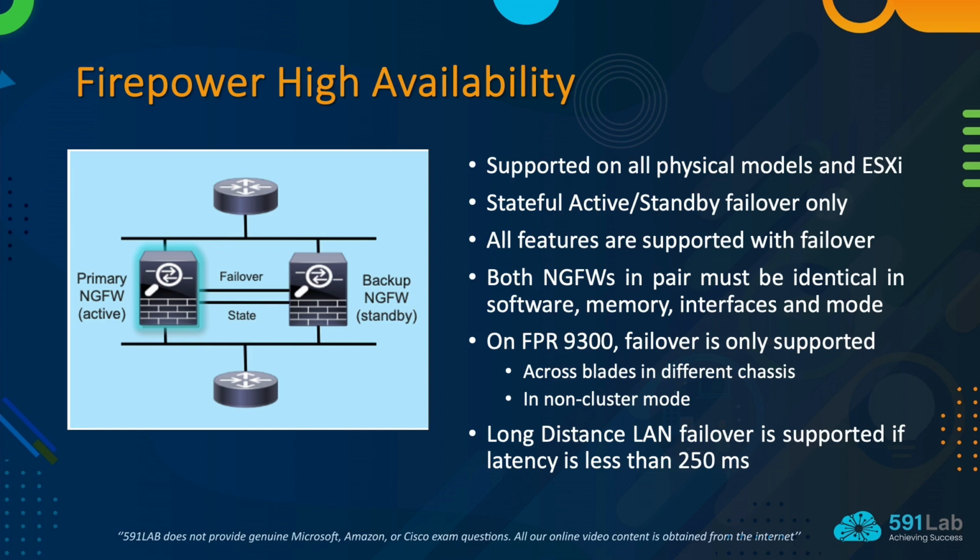This means one next generation firewall operates in active mode, handling all traffic inspection and security duties, while the other next generation firewall remains on standby, synchronizing its state with the active unit. If the primary next generation firewall fails, the standby unit automatically assumes the active role and takes over traffic processing.